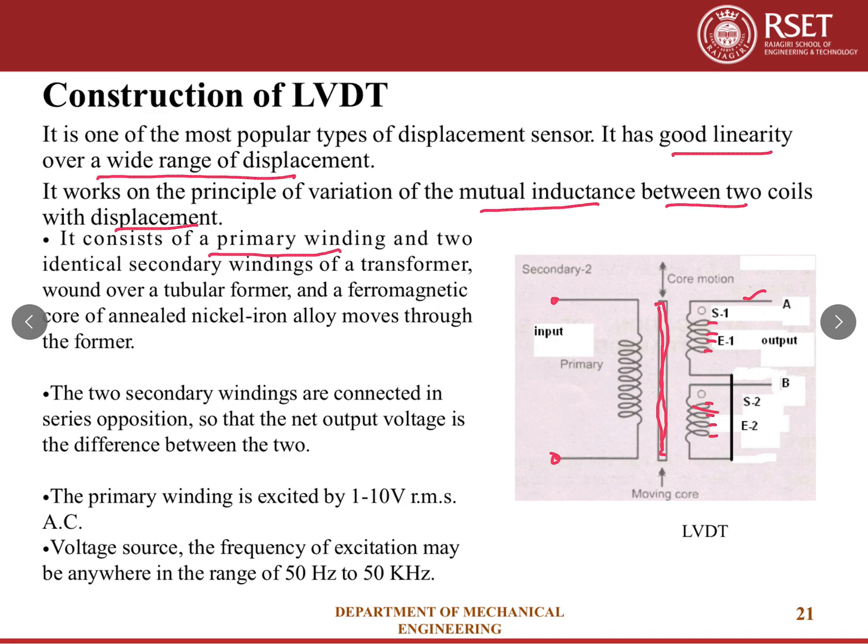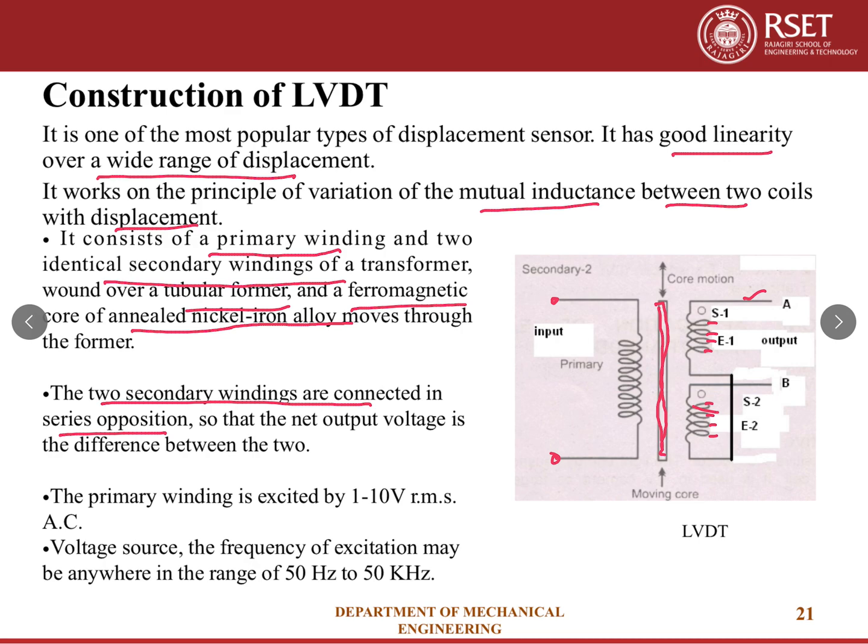It consists of a primary winding and two identical secondary windings of a transformer wound over a tubular former, and a ferromagnetic annealed nickel iron alloy core moves inside the former. The two secondary windings are connected in series opposite, so the net voltage is the difference between the two.